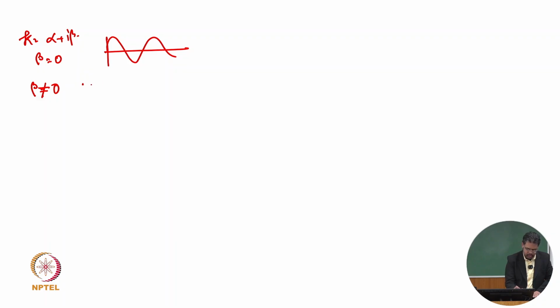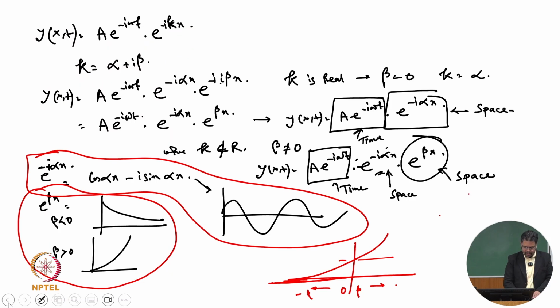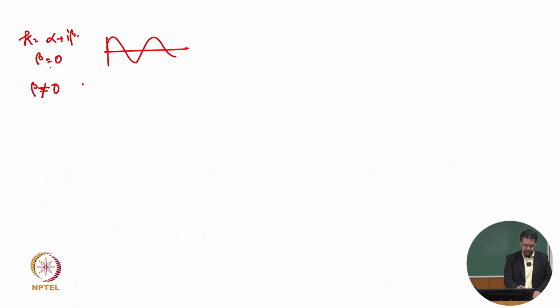we can think of one case: our function is alpha plus i beta. In one case beta is 0, in another case beta is non-zero but alpha equal to 0. It can also be possible that alpha is 0, a purely imaginary solution. In that case, what can we get? Exponential decay. Our response will exponentially decay throughout.